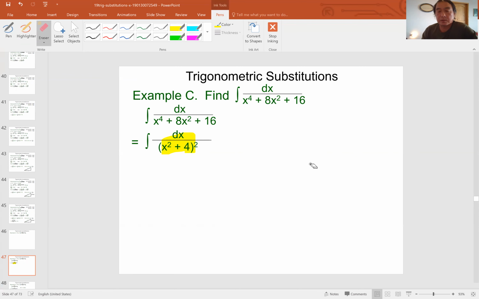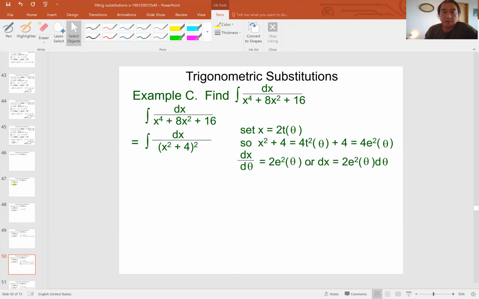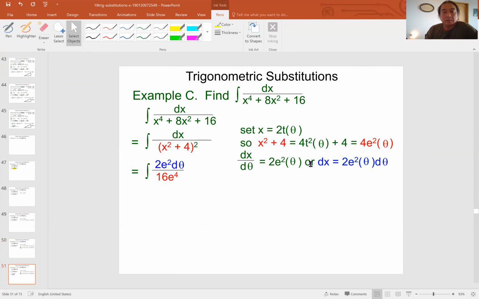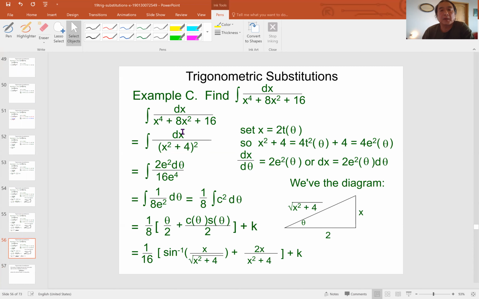I change the x to tangent, so I get tangent squared plus 4, then it becomes secant. So now the bottom becomes 4 secant squared again, which is 16 secant to the 4th. And the top is the substitution itself, and it's the same thing as before. So now this becomes integrating cosine squared, and put the x back.